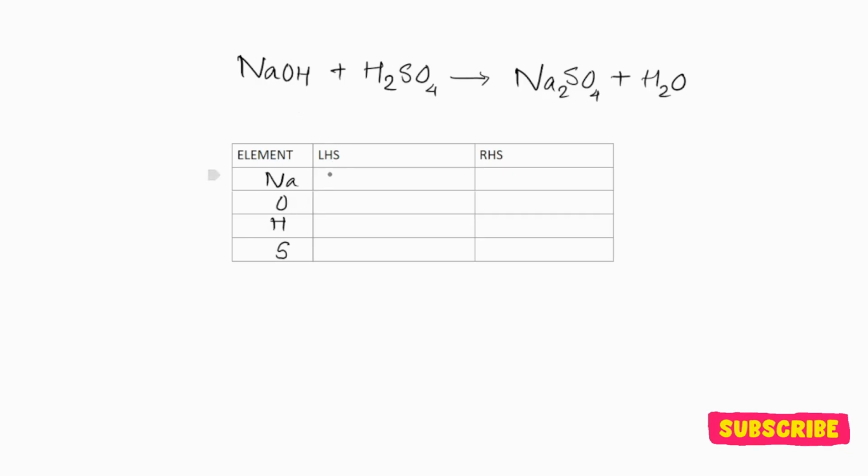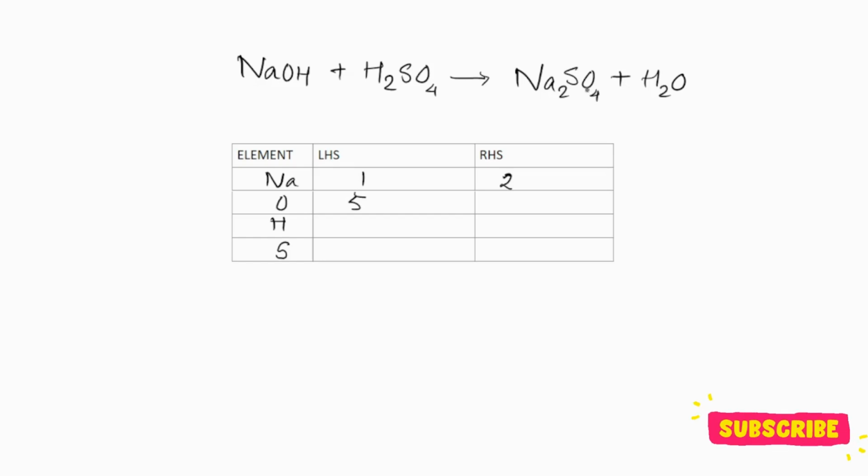Let us now write down the number of atoms. On LHS, sodium is how much? Here you will see it is 1. Left hand side it is 2. Right hand side it is 2. Oxygen is how much? See here, 4 plus 1, 5. So 5 oxygen is there. Here it is how much?